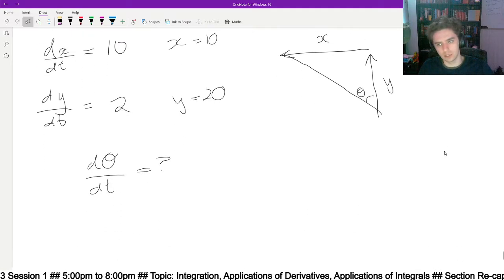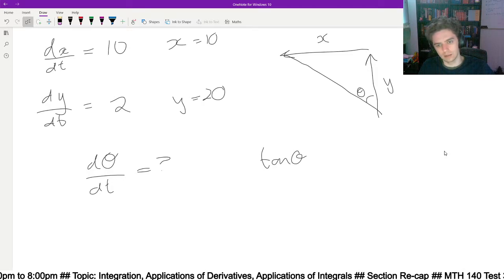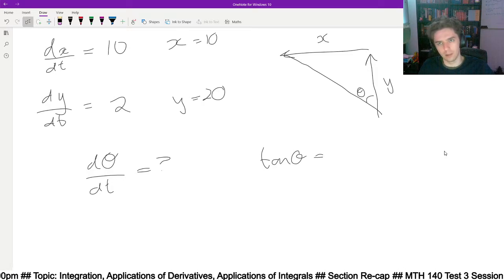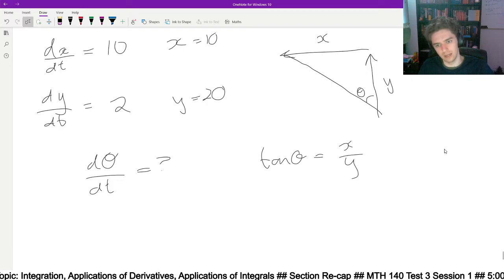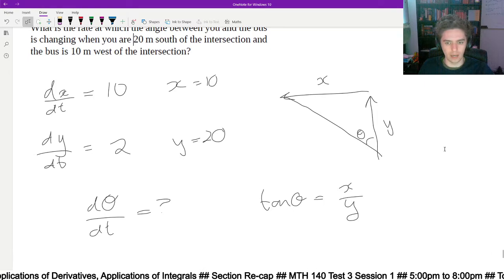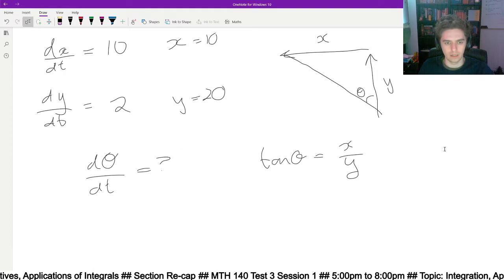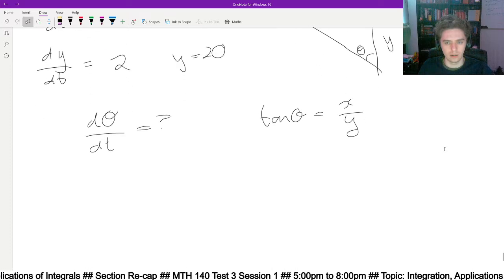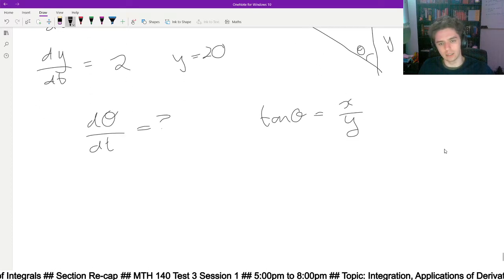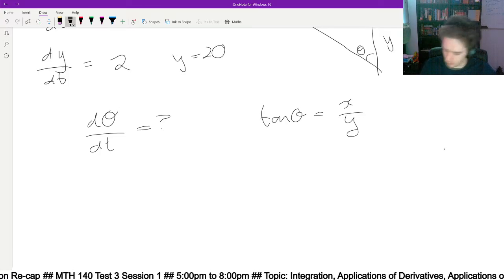What I guess I'll do is I'll just say tan θ equals opposite over adjacent, so x over y. So there's our thing. Now I can take the derivative. Okay. So then I can just say, well, the derivative of tan is secant squared.